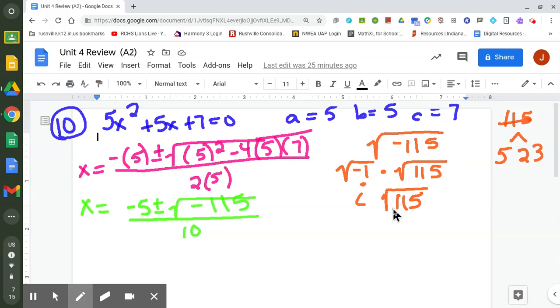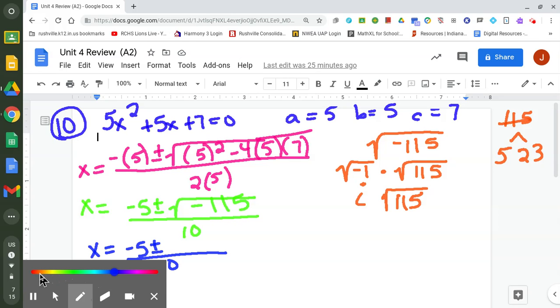We can't break it down. So then when we simplify, we have x equals negative 5 plus minus, and instead of writing the square root of negative 115, we are writing i square root of positive 115.